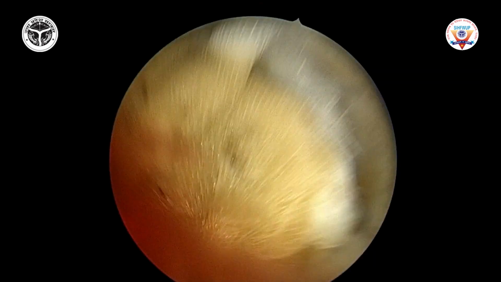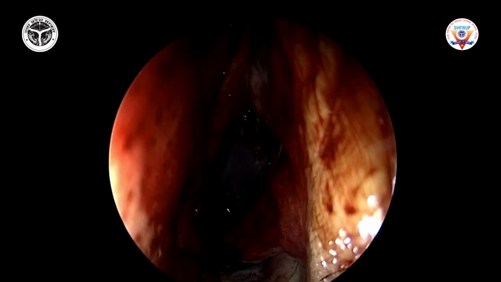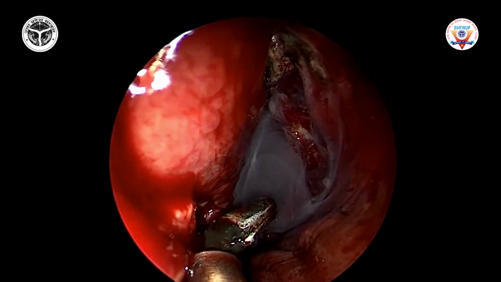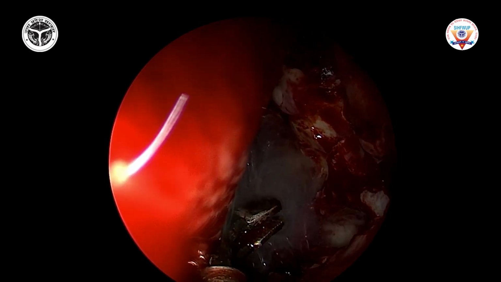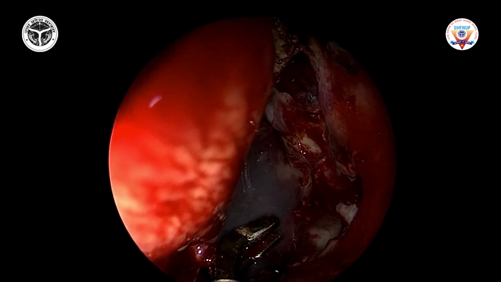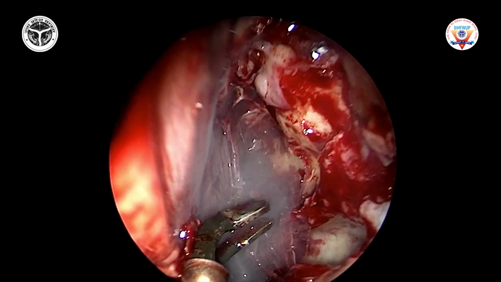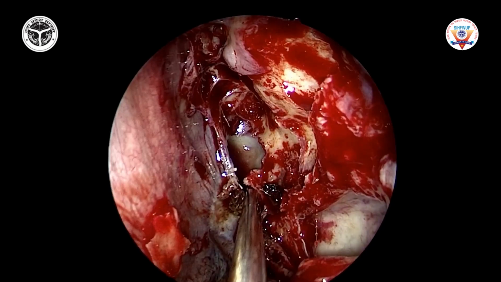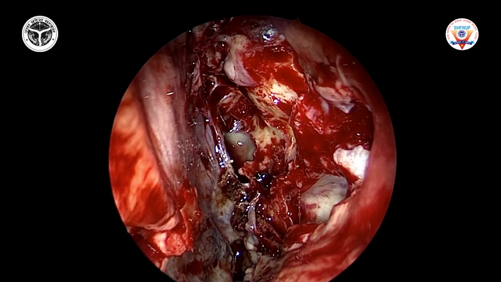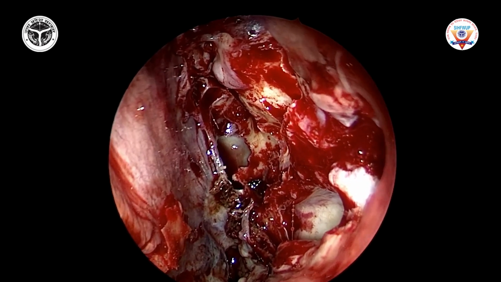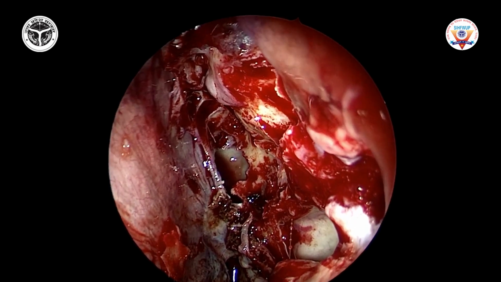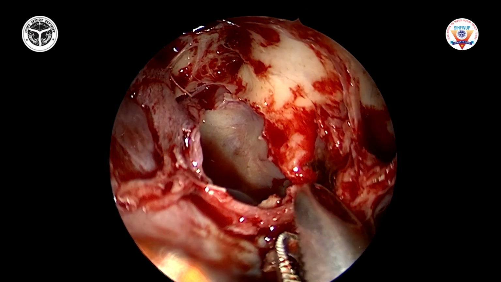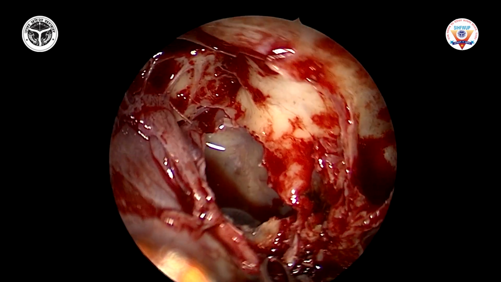So the prolapsed brain part can be cauterized so that it shrinks. It goes inside the intracranial cavity and makes some space for any kind of underlay graft. So with the help of this cautery, we can shrink or we can excise this brain tissue. So you can see it is being shrunk.